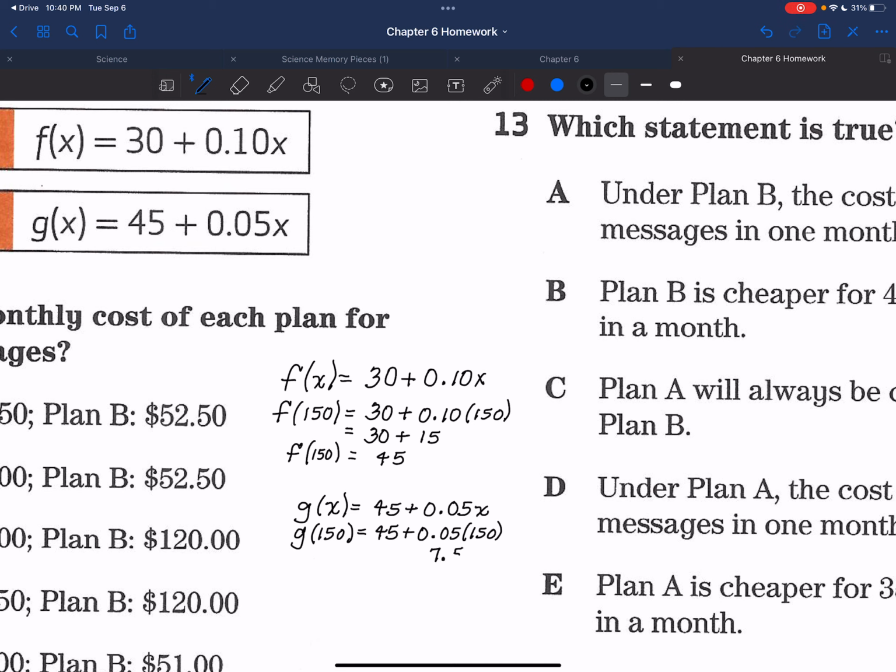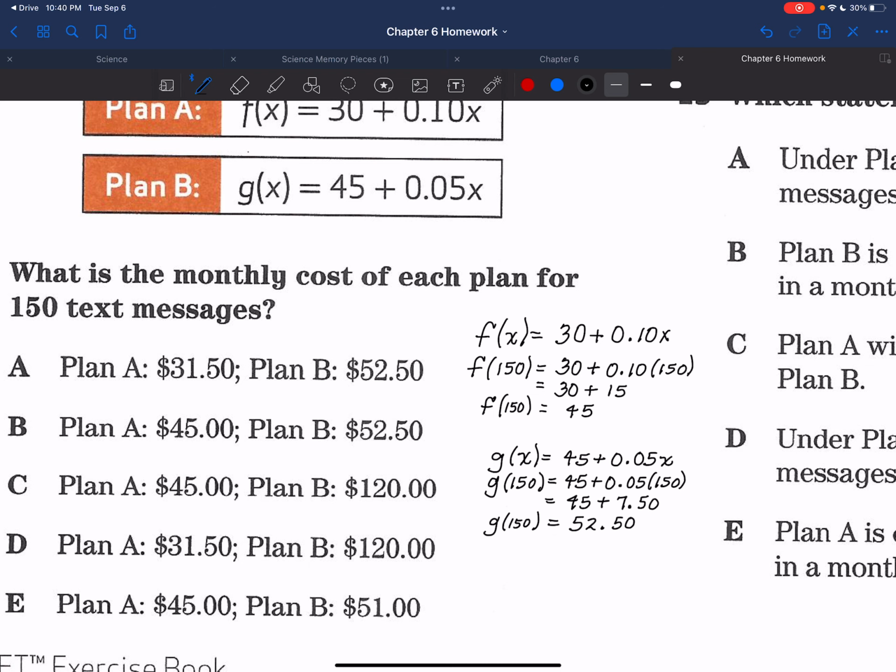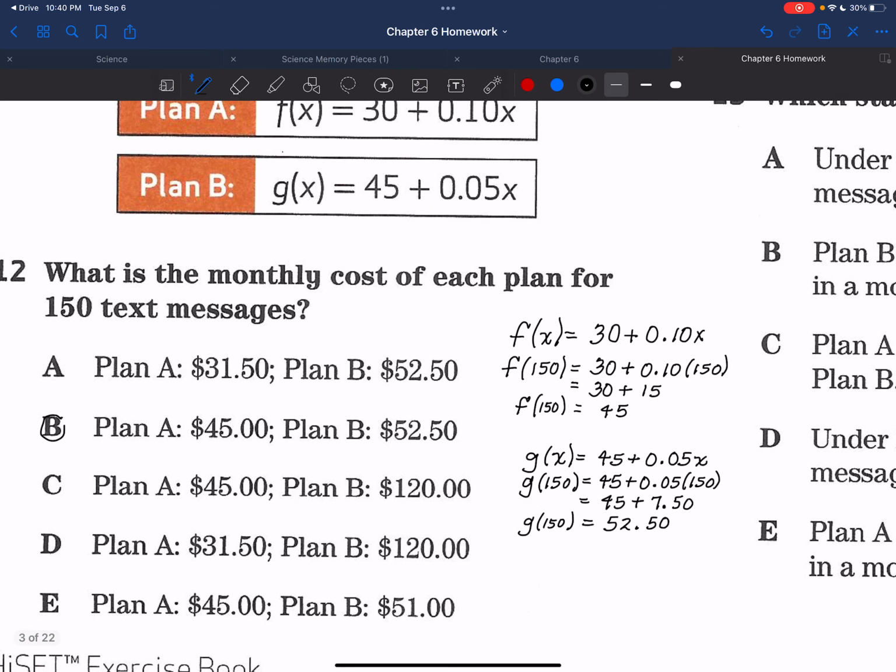So $7.50 plus that flat fee of $45. I'm not even taking chances here. $52.50 for this plan at 150 text messages. So Plan A is $45, Plan B is $52.50. So I like answer B.